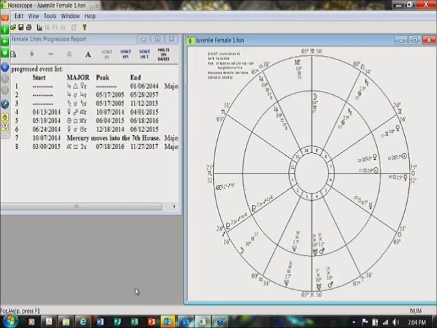So we might say that this girl could be at times somewhat self-absorbed, that she may think a lot about her own personal wishes, her own personal desires. I might call it self-centeredness. I think of selfishness as more of a Saturn trait, but self-absorption.